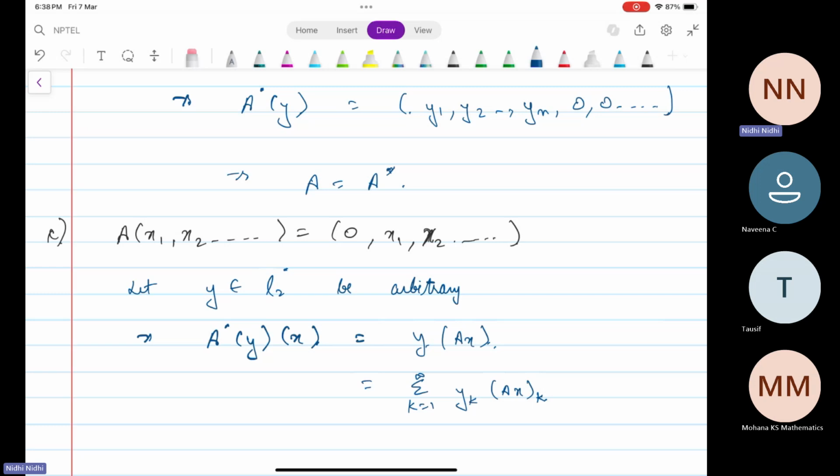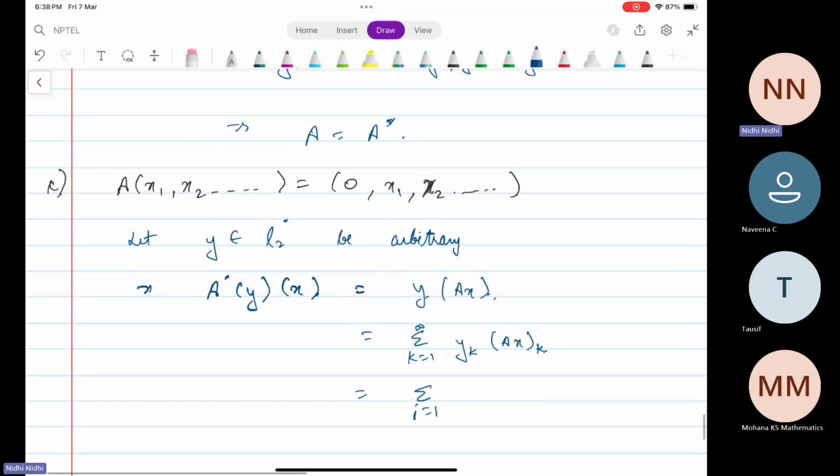So I can write it as summation i from 1 to infinity xi y(i+1).